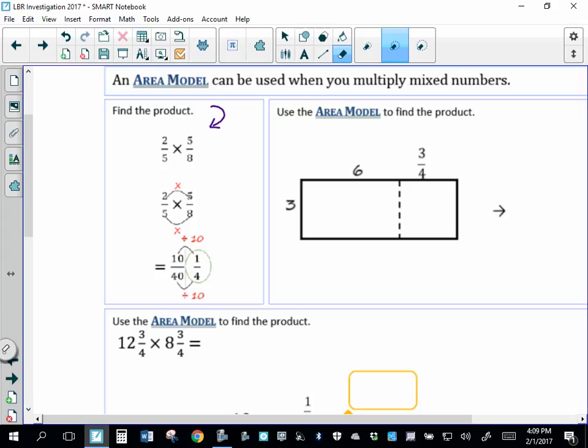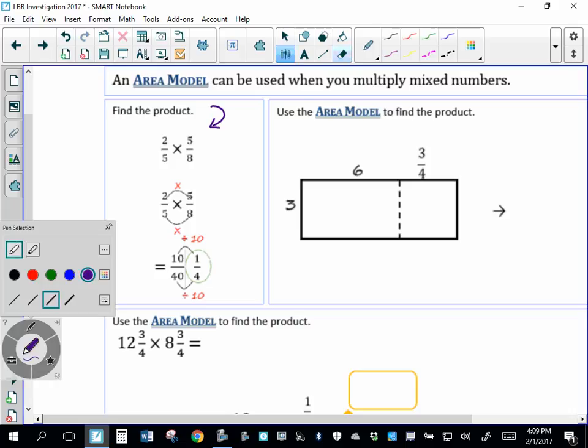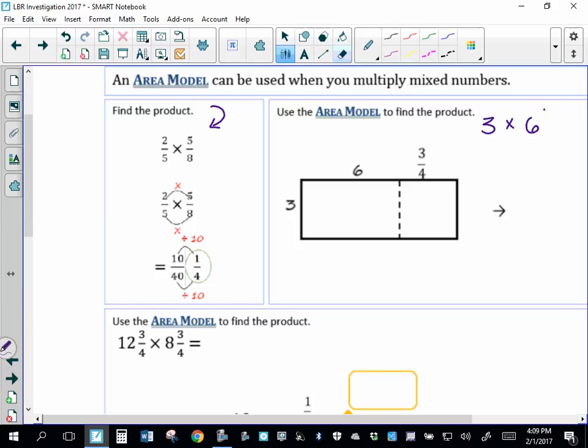Then we practiced this problem here on the right, a model of the multiplication problem 3 times 6 3/4. When we model that, we draw an area model, which you see here.